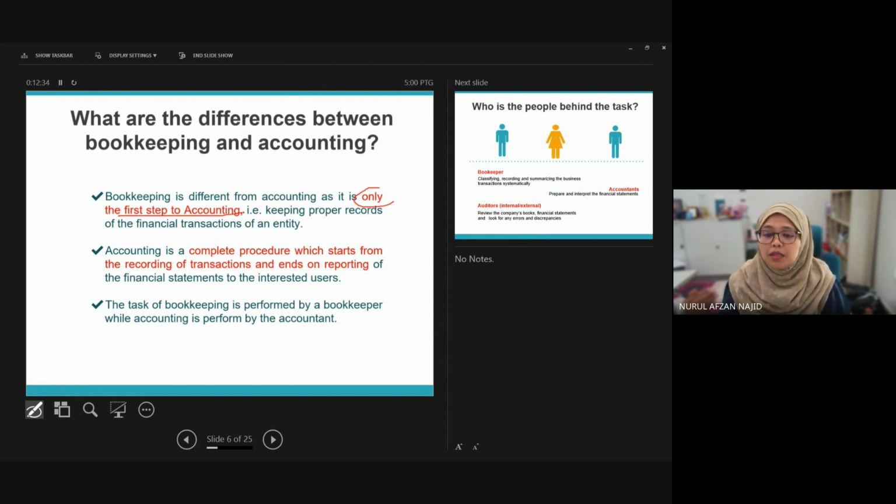Last one is interpreting all the transactions that have been recorded for the use of the interested users. So the task of bookkeeping will be performed by bookkeeper, but accounting is performed by the accountant. Right, so that are the difference between bookkeeping and accounting.